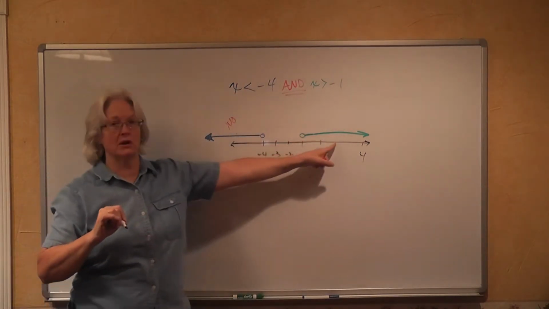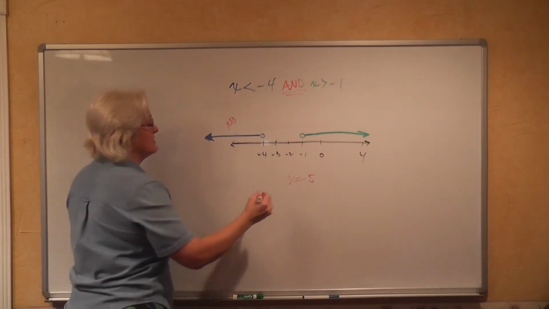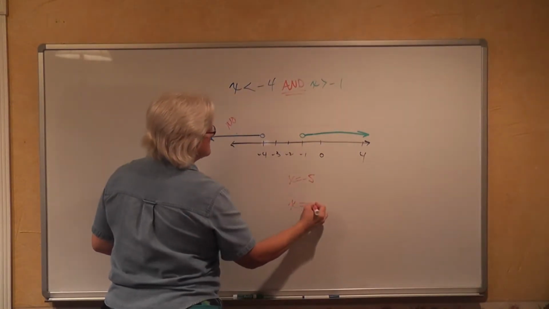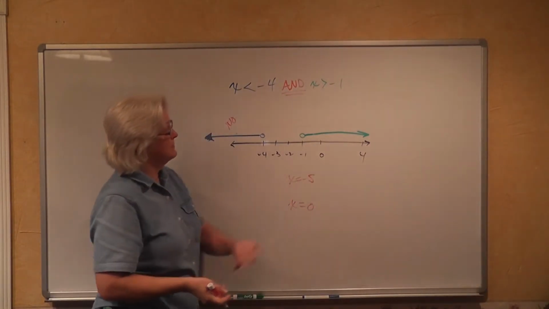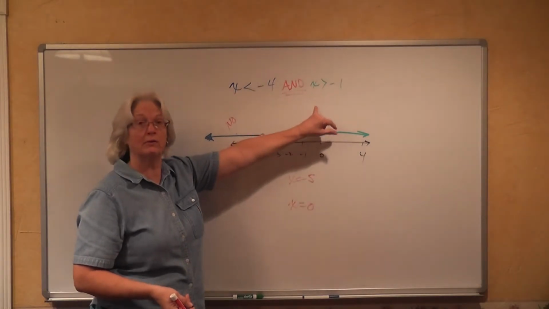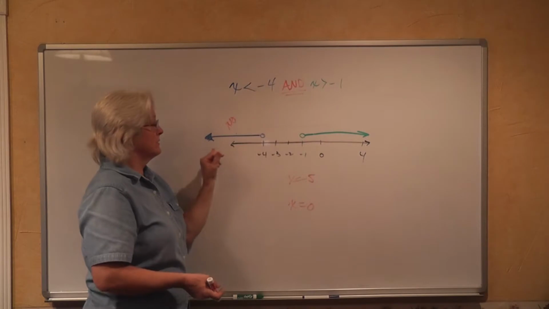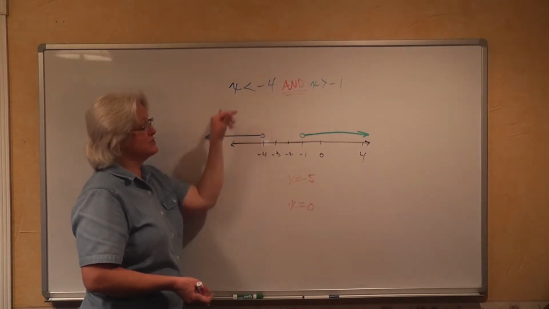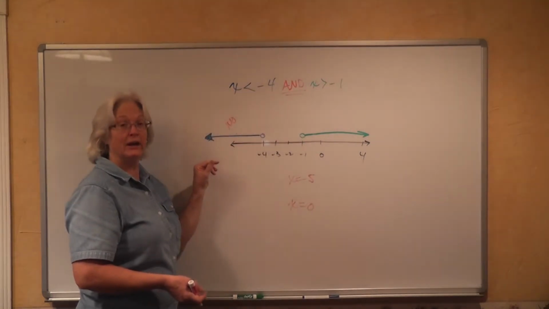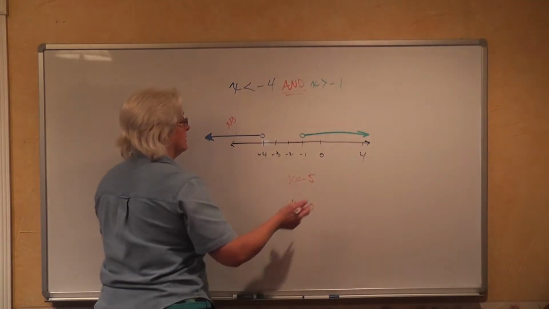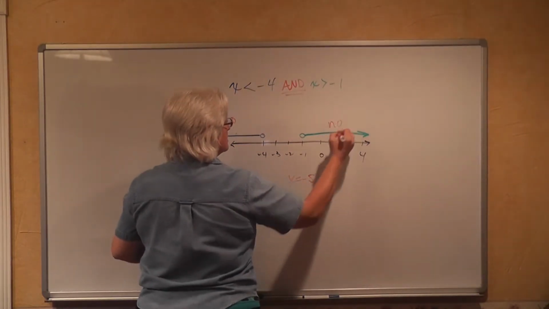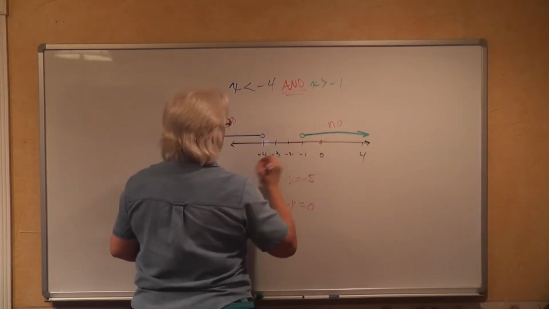What about if I try 0 over here? What if we say that x is equal to 0? Is 0 greater than negative 1? Yeah, it is. But is 0 less than negative 4? No. So 0 doesn't work.